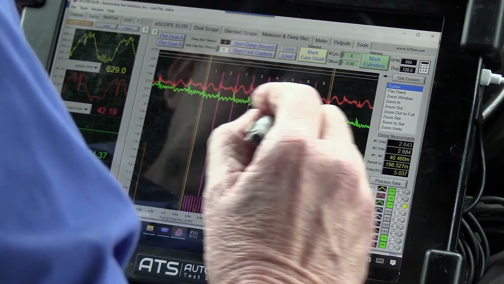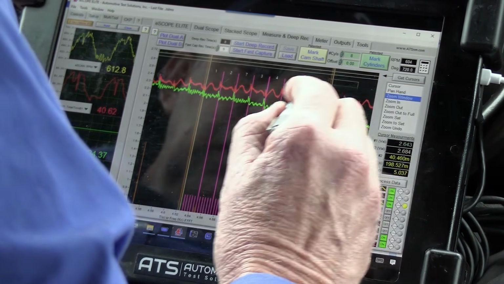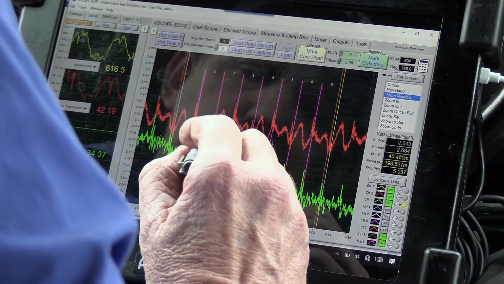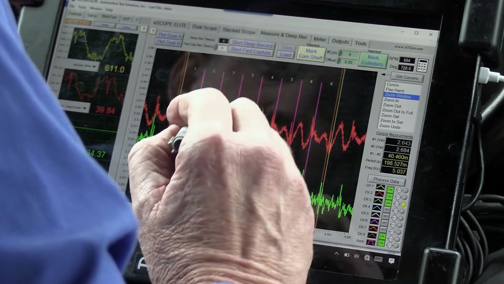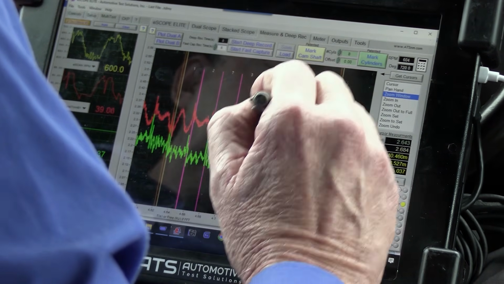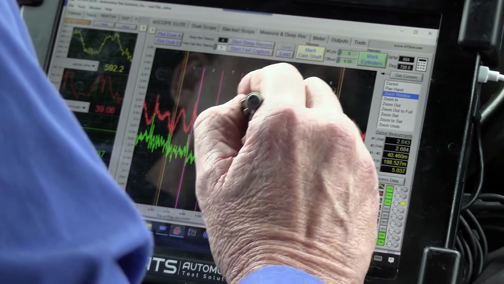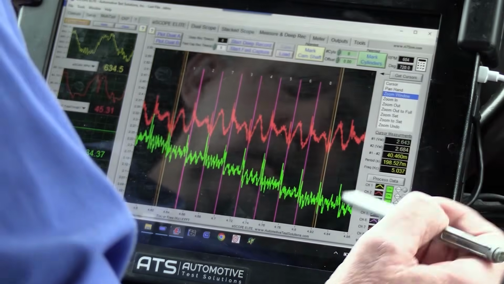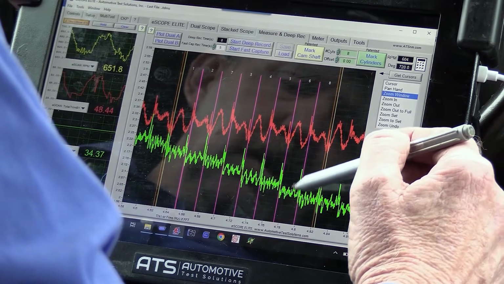Okay, yeah, each one of those peaks, let's blow this up more so we can see it better. Each one of those peaks is about the top dead center. They're all moved to the right, or they're retarded. They're retarded, right? So that's what's happening here.